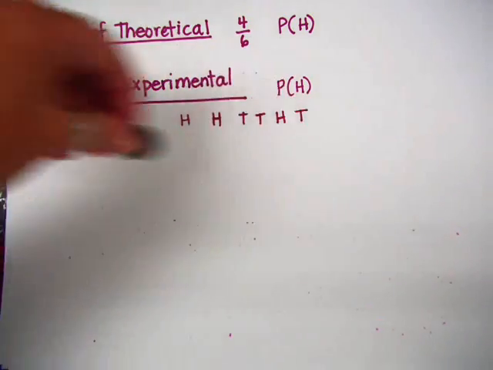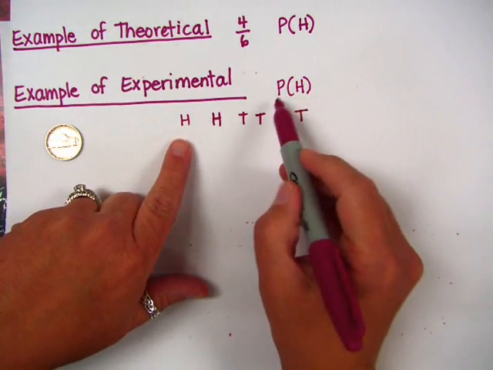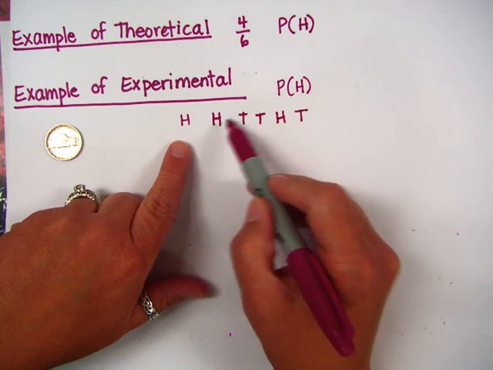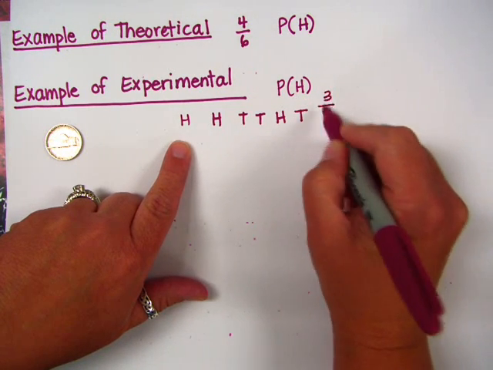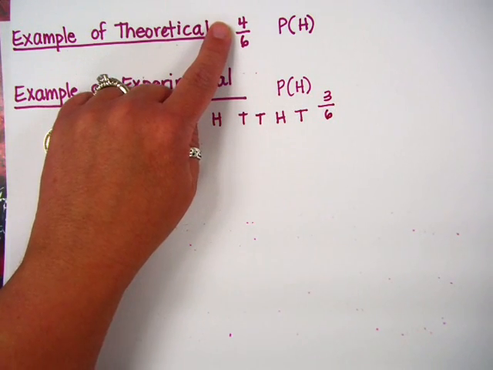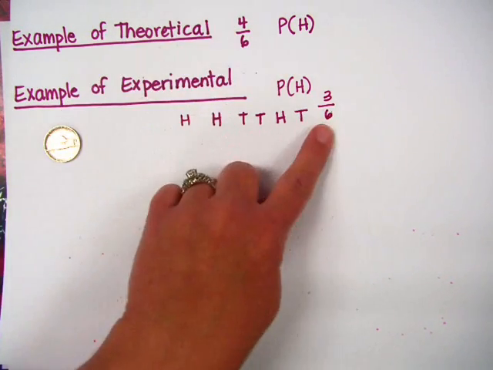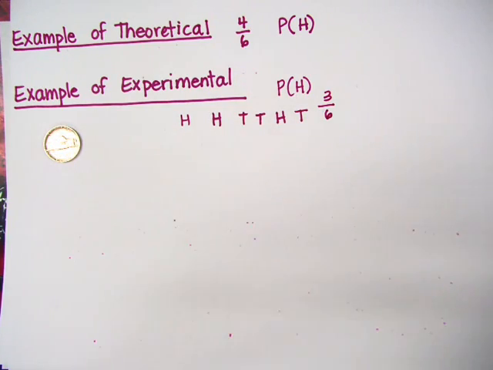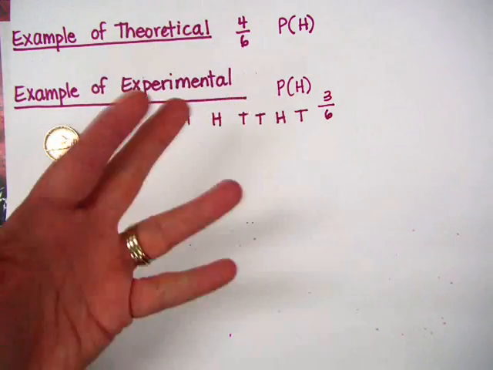So in the experimental probability, what actually happened, the probability of a heads actually came up 3 times out of 6. My theoretical probability, what I thought was going to happen, wasn't what ended up happening when I did the experiment, but it was very close.